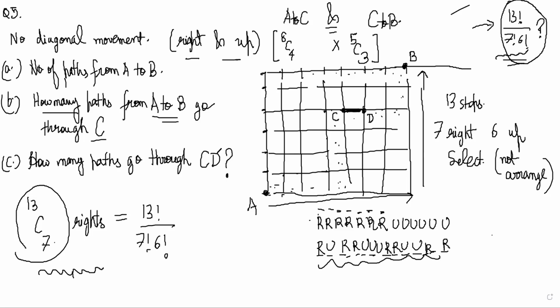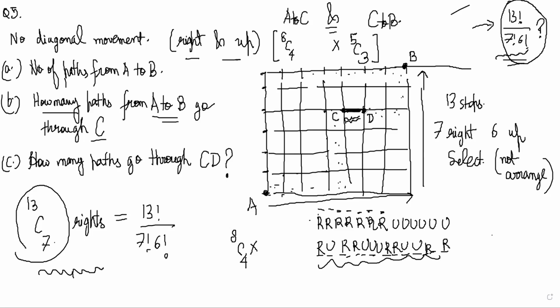And how to ensure that you go through CD, right? How to ensure that you go through this road always? So again, obviously you have to come to C first, right? Correct. So 8C4 will be the same, but in order to go through this road, you will always end up at D, right?